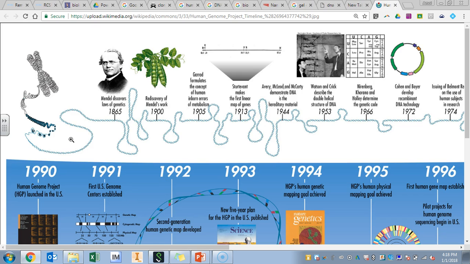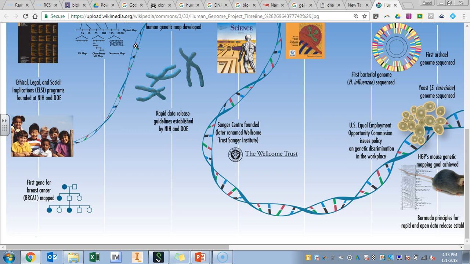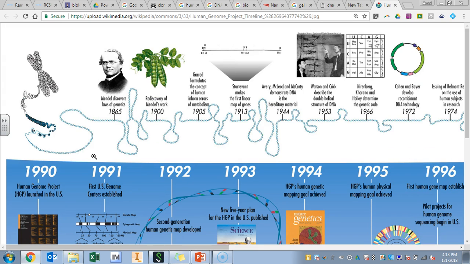So we'll walk through this, not all of it, piece by piece, but just some of the things that you might find familiar. Again, we're talking about these chromosomes. You unwind that DNA from around the proteins, and you end up with this double helix. We've got Mendel accredited with discovering some of the laws of genetics, like dominance and segregation, in the 1860s.